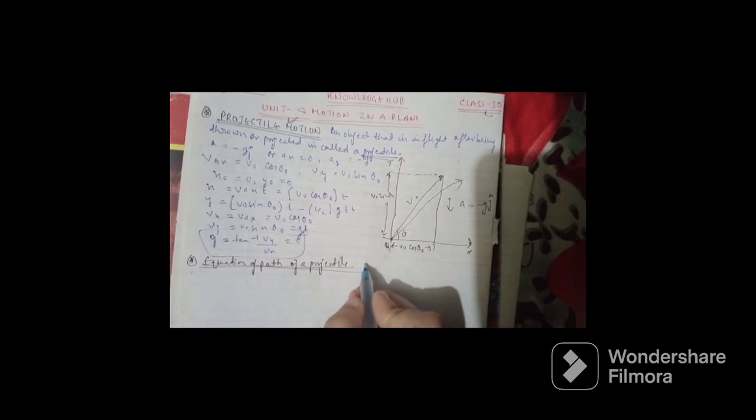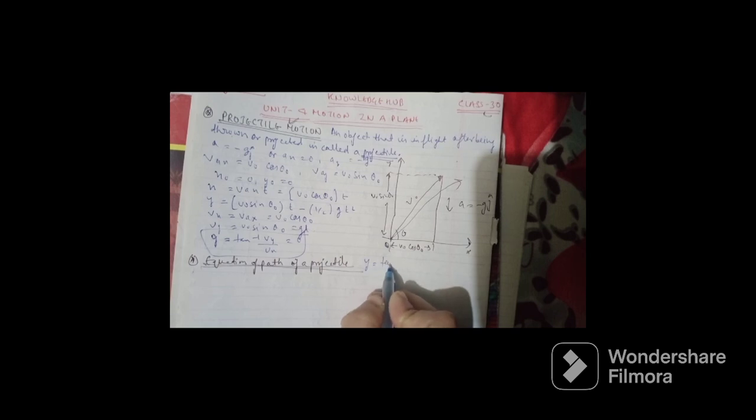So y equals tan theta naught x minus g over 2 v naught cos theta naught, whole square, times x square.